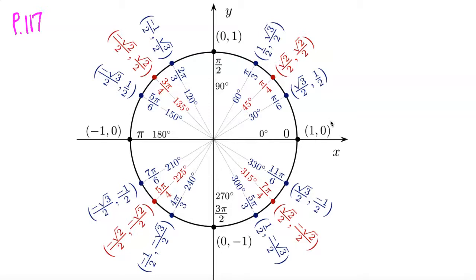Let's think about the x values. X values, the furthest to the left is negative 1. The furthest to the right is positive 1. So as you move from left to right, this is actually even more intuitive. It's going to line up like numbers on a number line. Negative 1 is the least value. What's the next least value? Negative root 3 over 2. What's the next least value? Negative root 2 over 2.